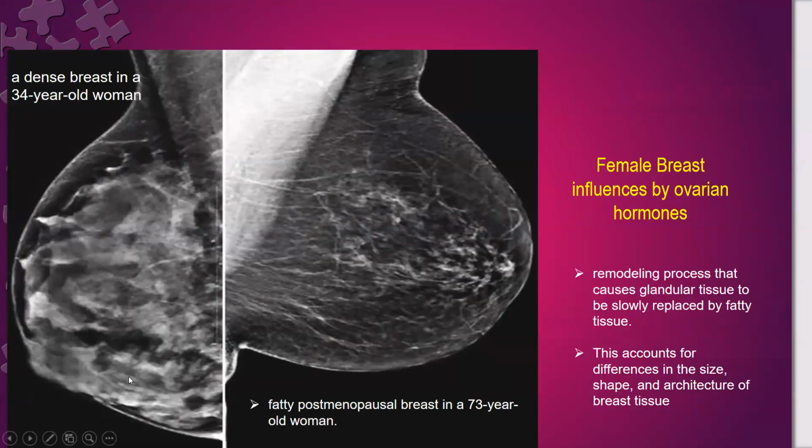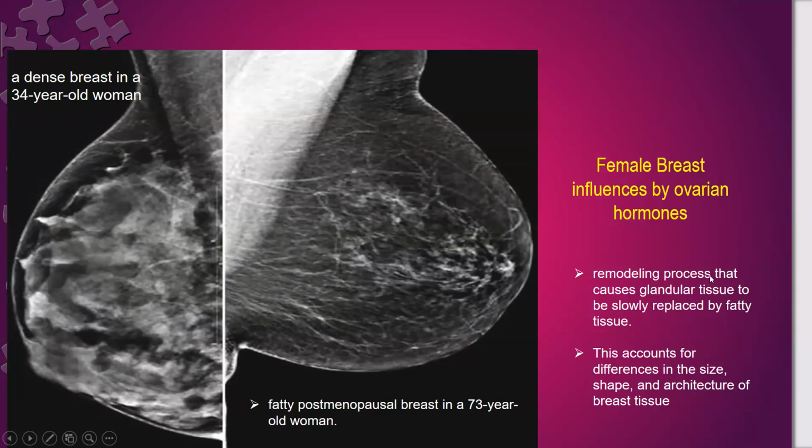Okay, here we can see a 34-year-old lady having a lot of fibroglandular parenchyma and subsequent dense breast. Compare it to this postmenopausal 73-year-old woman with almost completely fatty breast, and this coarse linear density is due to fibrotic bands, you see.